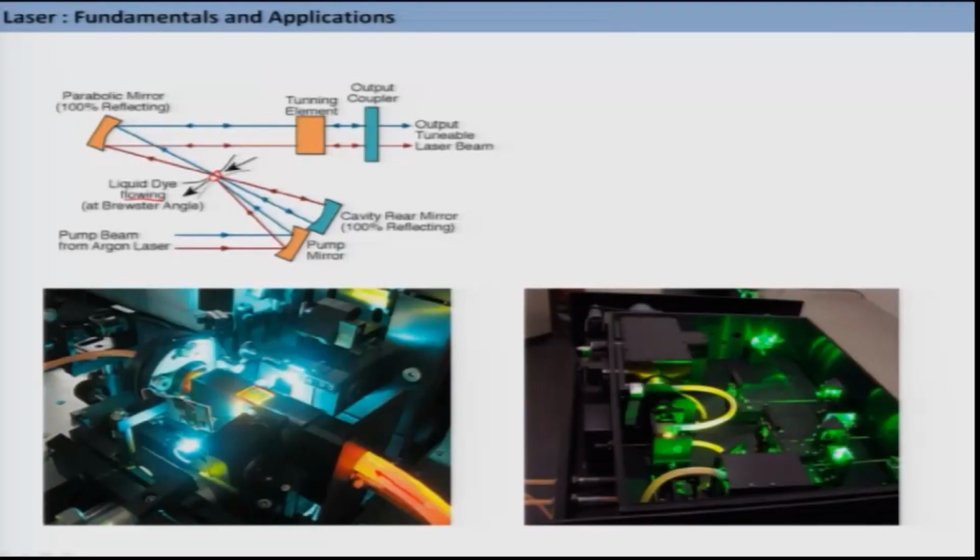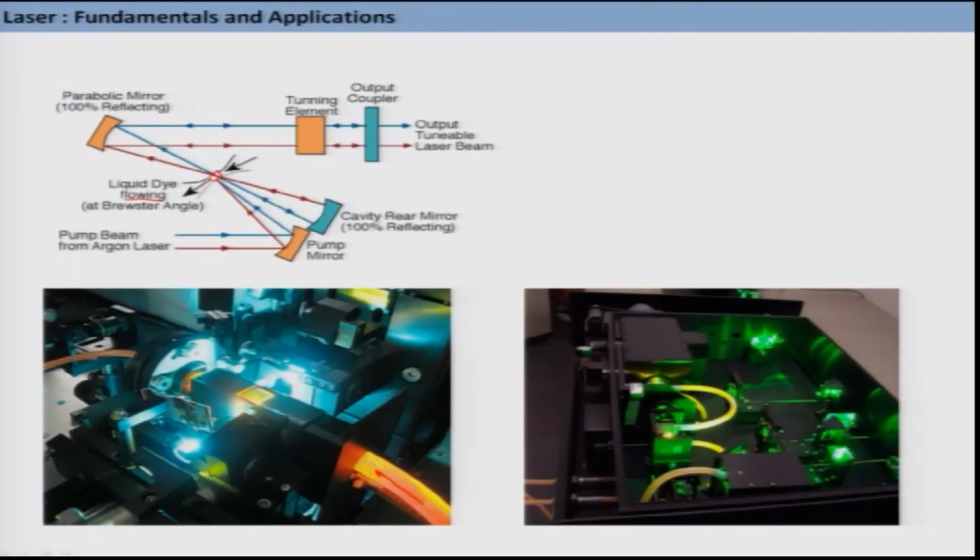So this dye solution is continuously flowing, and if you want much higher output, you can further amplify the output that you get from this oscillator.